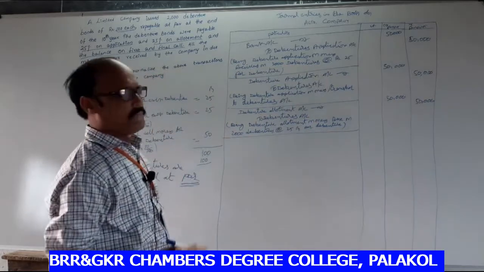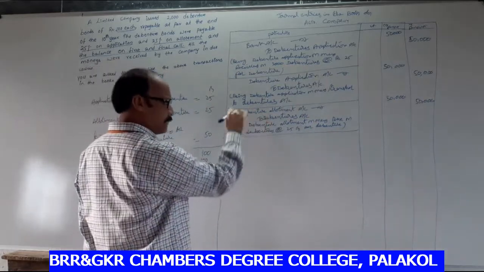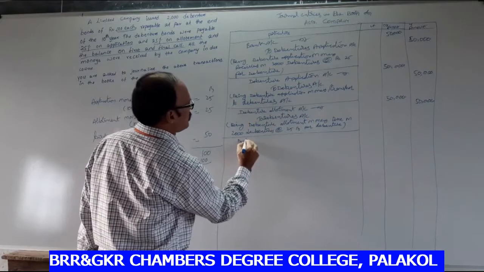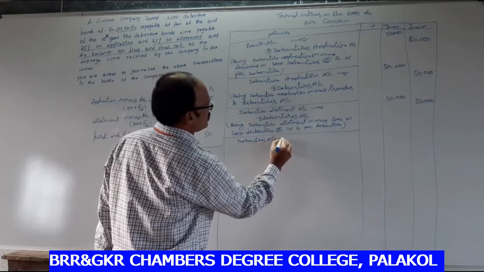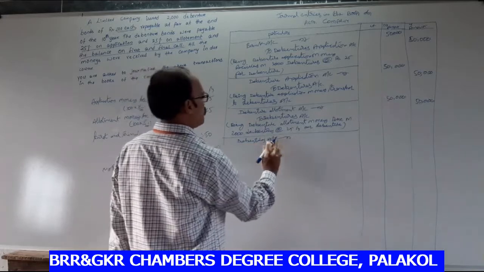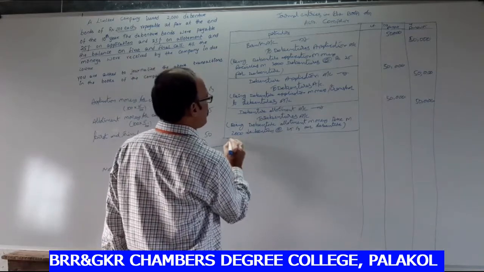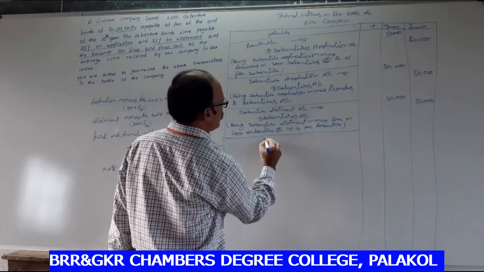Next one, whenever debenture allotment money is received, what is the journal entry for that?